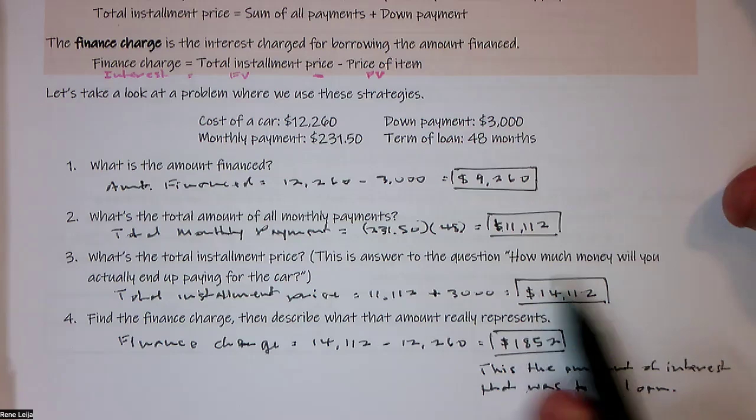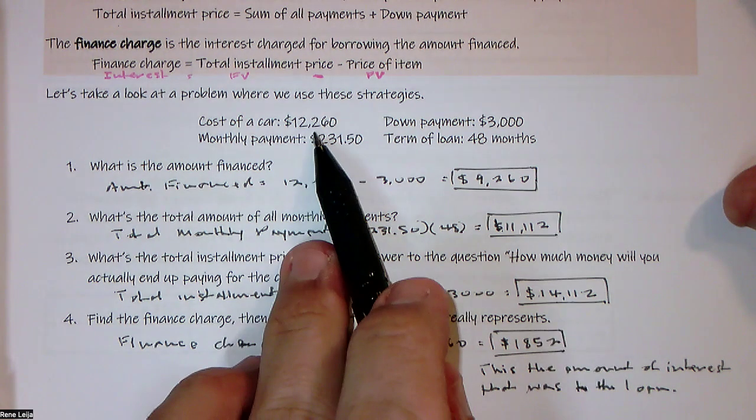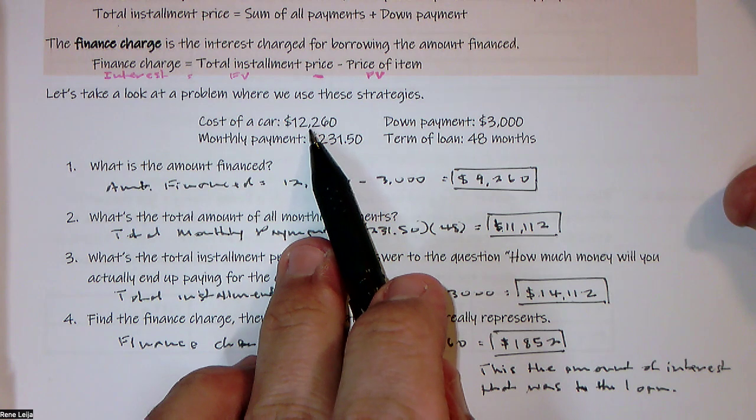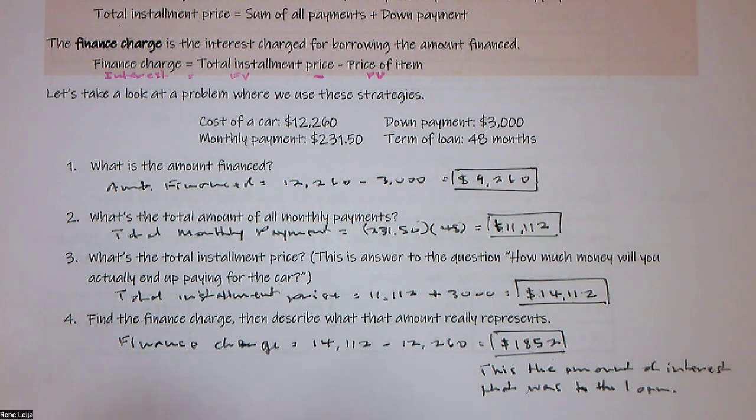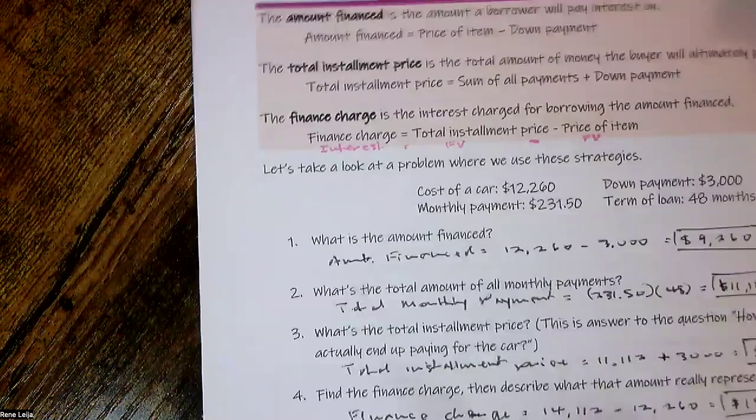So this is how much you're going all in to buy this car, $14,112, minus the present value. Well, the car is presently worth $12,260. So you subtract that amount, the difference is going to be the finance charge. Okay. So we've done this calculation several times, but it's the same thing. The only difference is that now it's just being referred to as the finance charge instead of interest, but it's the same thing. Okay. All right.